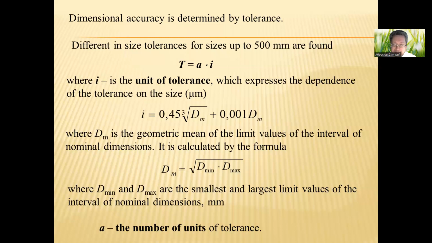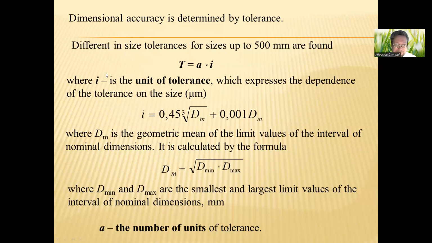It is calculated by the formula Dm equals the square root of Dmin multiplied by Dmax, where Dmin and Dmax are the smallest and largest limit values of the interval of nominal dimensions in millimeters.